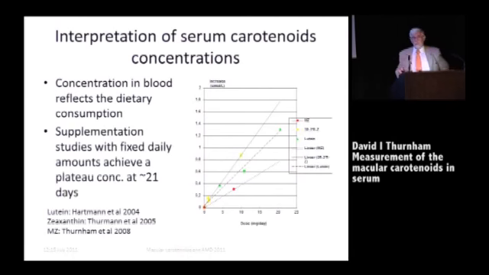So mesozeaxanthin is giving a lower response than either zeaxanthin or lutein, and this was from the lutein plus preparation. Early results suggest that the MacuShield preparation gives an even lower response than the lutein plus, but we're still working on that aspect of it.